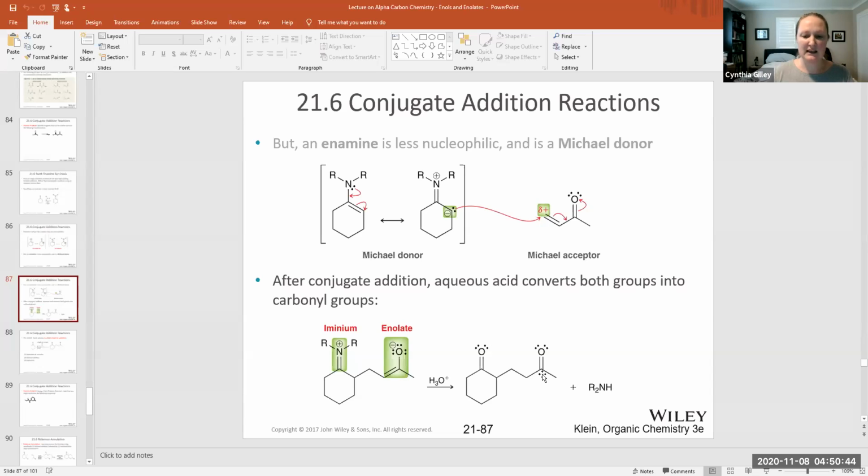Notice the product is what we might call a 1,5-dicarbonyl. I just say dicarbonyl to keep it more general, but in this case, technically a diketone product. Again, keeping the relative positioning of these functional groups in mind is going to be important in tackling synthesis problems in this chapter.